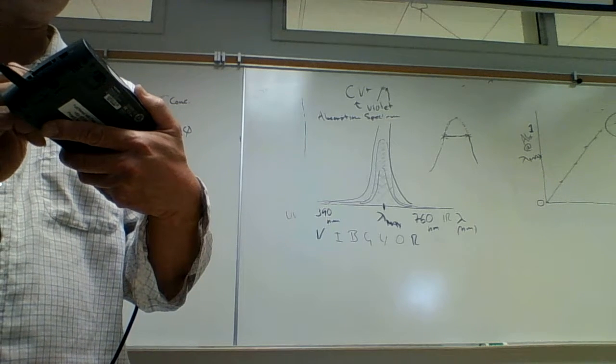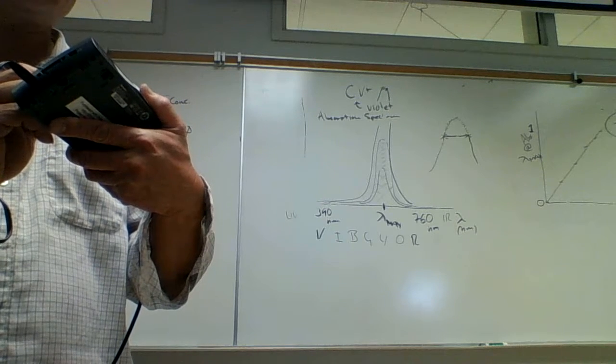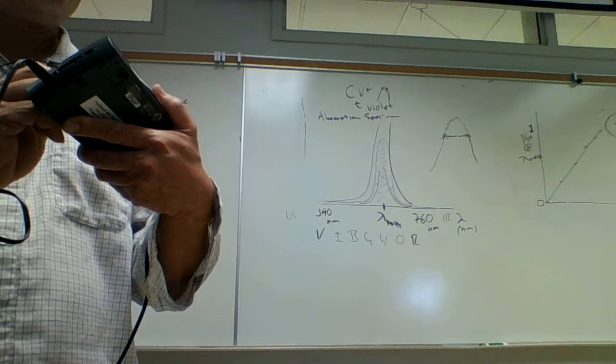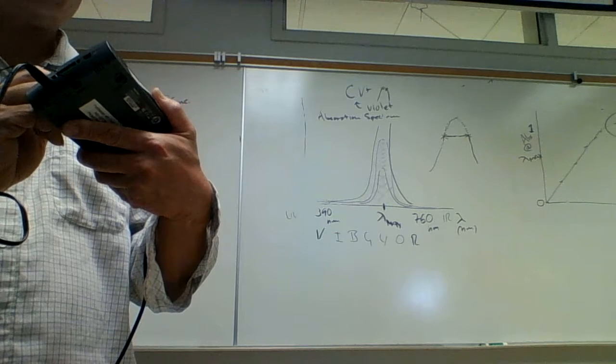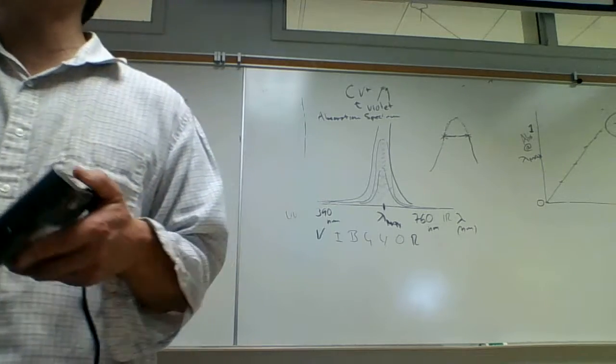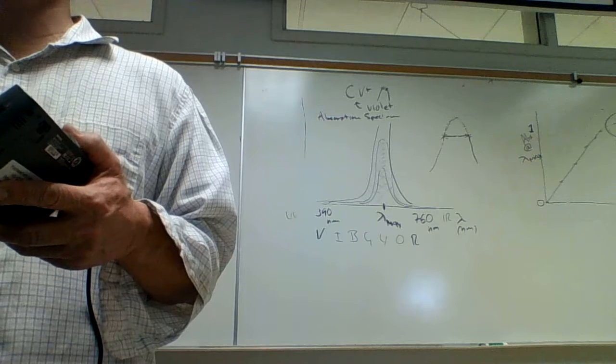What's happening with the absorbance? Going up and down. Yeah, it's gone. And by the time we get to 760, or actually we don't even have to get to 760. Let's go to 670. By the time we get to 670, it's flat lined. It's down to about 0. Does everybody see that?